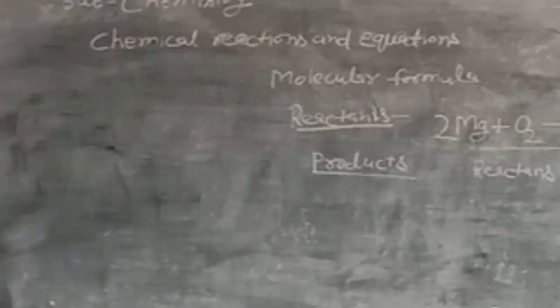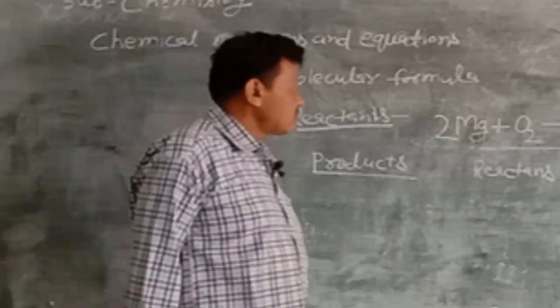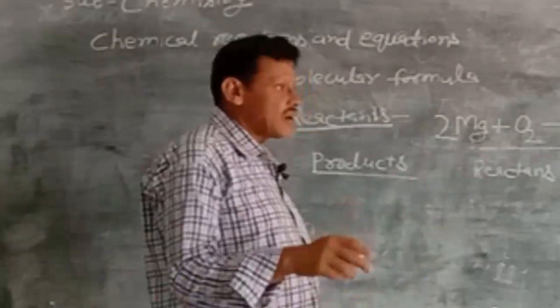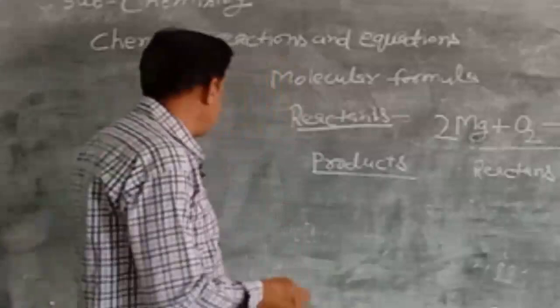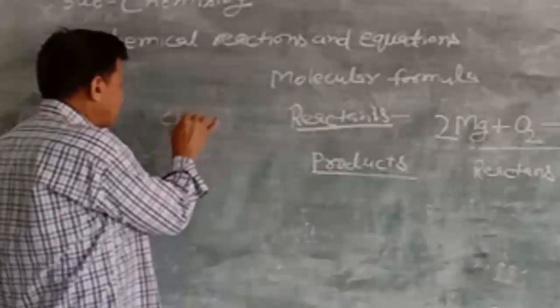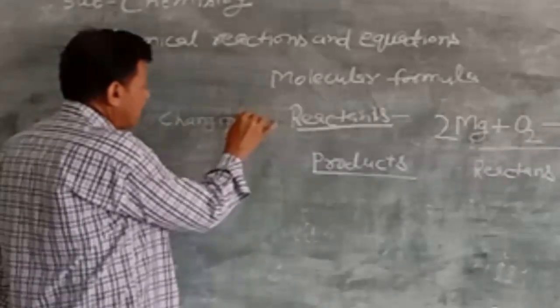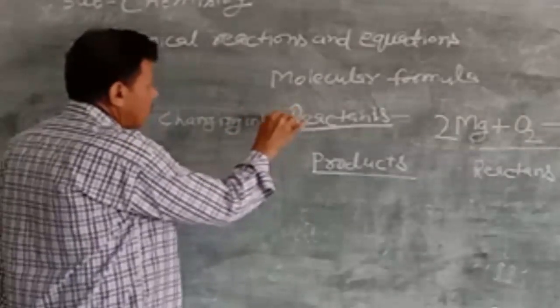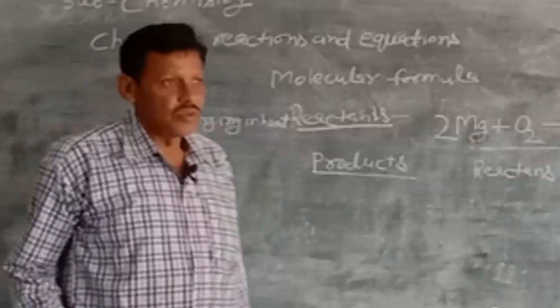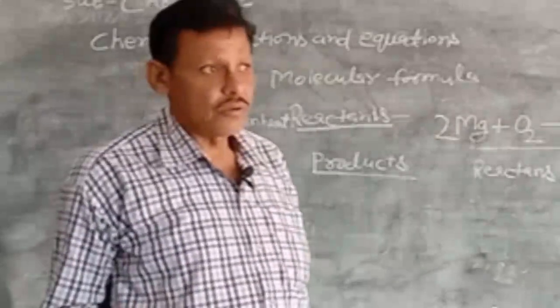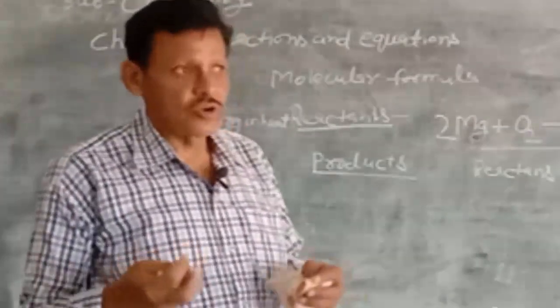In a further way, we see some changes in these reactions. In a chemical reaction, there is a change in heat, which means we give heat, or after the reaction we observe emission of heat.